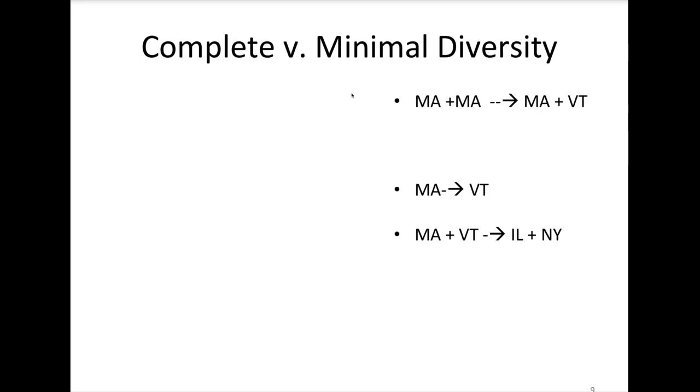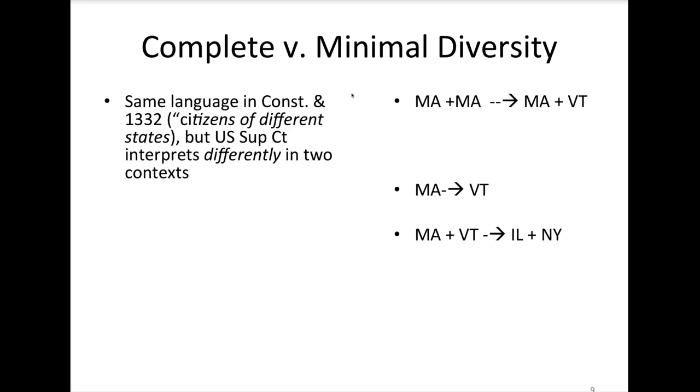Okay. Now, complete versus minimal diversity. The things on the right are all different examples, which we'll talk about in a second. But first, a couple of issues. What's really confusing often is that there's the same language in the Constitution and in 1332, citizens of different states. But the U.S. Supreme Court has said that the same language means different things in different contexts.